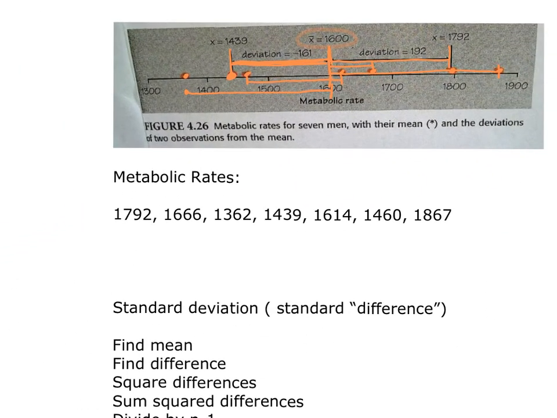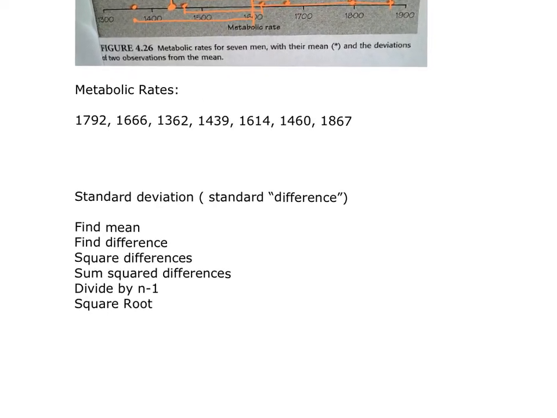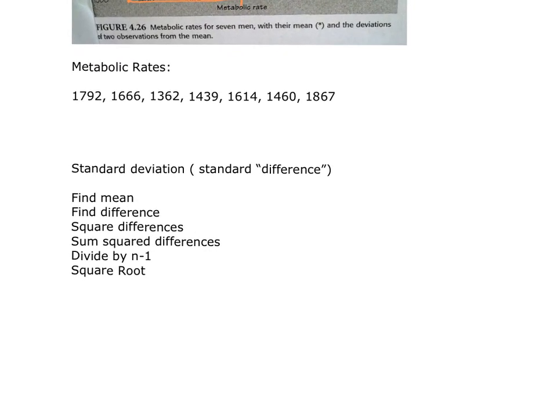So let me talk you through the process, the steps in actually finding the standard deviation. The nice thing about this is that the first step is that we find the mean, but we already know what the mean is. They gave it to us up above. So our mean is 1600. Then, if you notice, it says we have to find the difference.